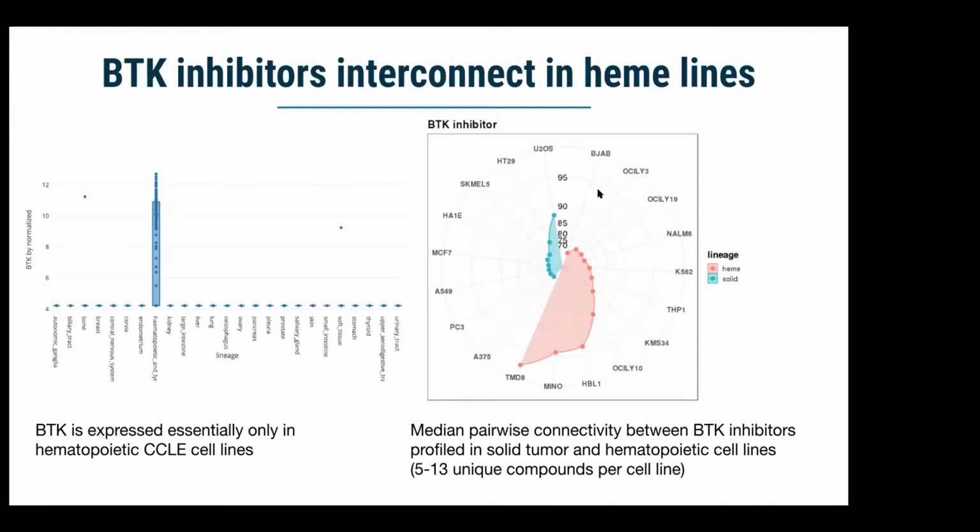We can see there's a stark difference between the hematopoietic cell lines and how strong the signature is and how coherent that class is in those cell lines, compared to the solid tumor cell lines from our reference data set, where in most of them the class does not give a coherent signature. So notably different, which is good, and this tracks with the corticosteroid example that Anup showed in his demonstration earlier.